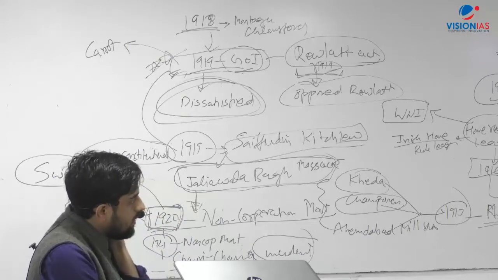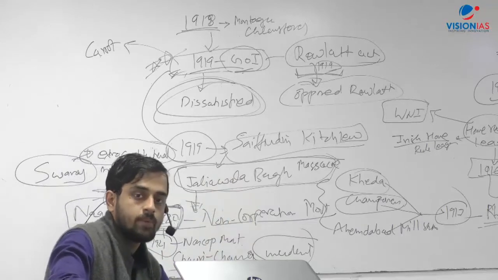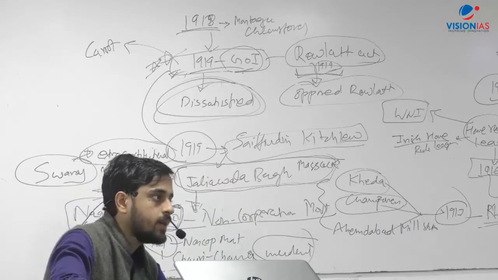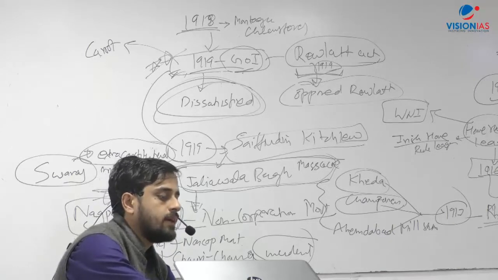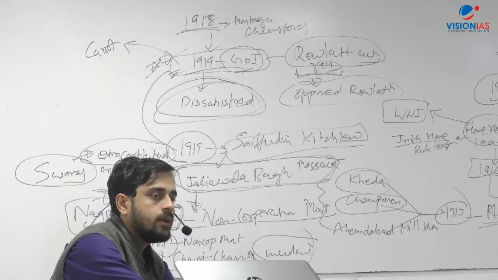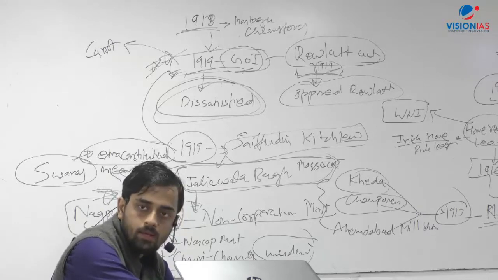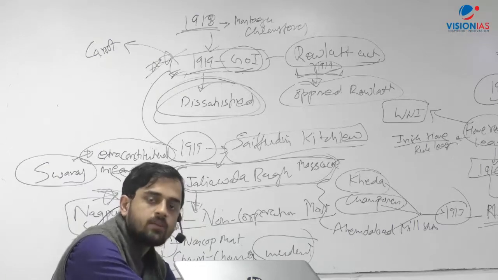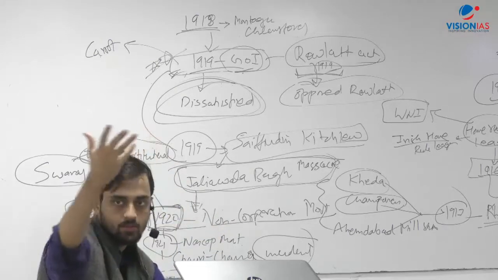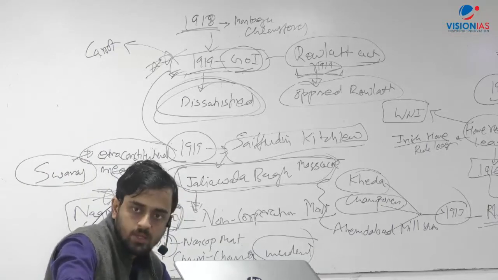Apart from it there are other things also, but we'll talk about them. A third important question for mains that comes from here is about the impact of key international events on the Indian freedom struggle. The key international events whose impact we will see are, for example, World War I and the Khilafat question. We will see the impact of World War I, that the Ghadar movement was also there. Also the Khilafat question was there.